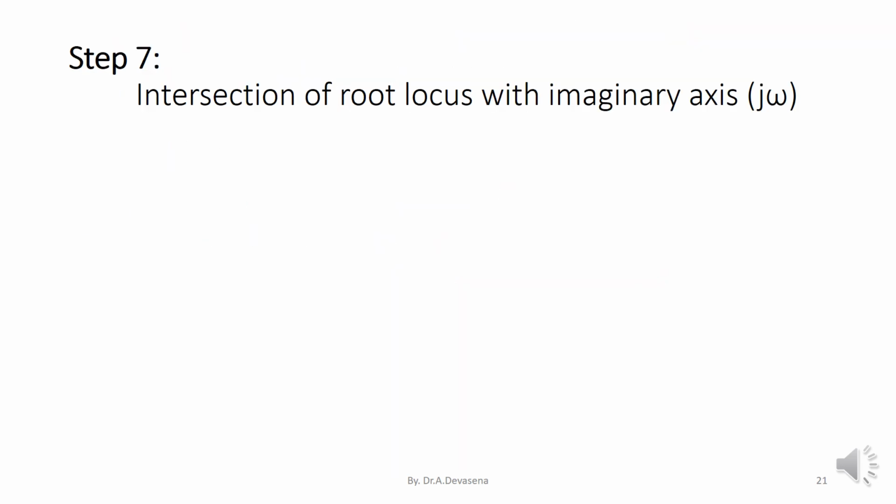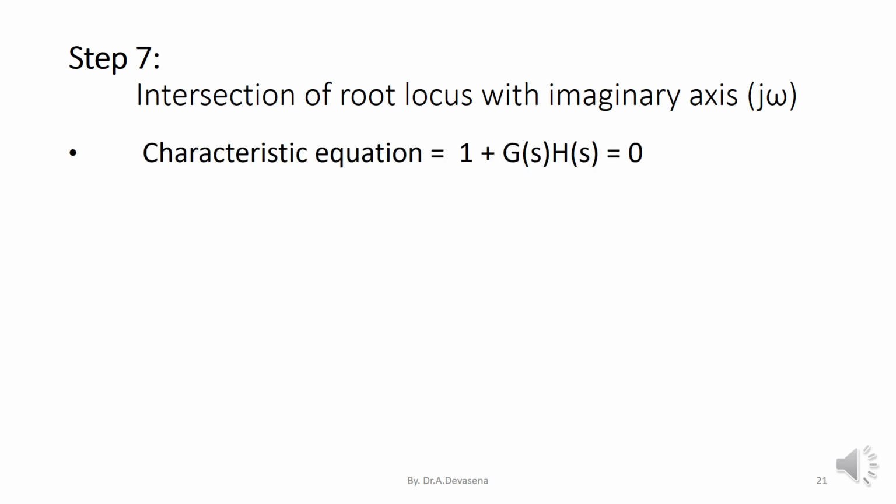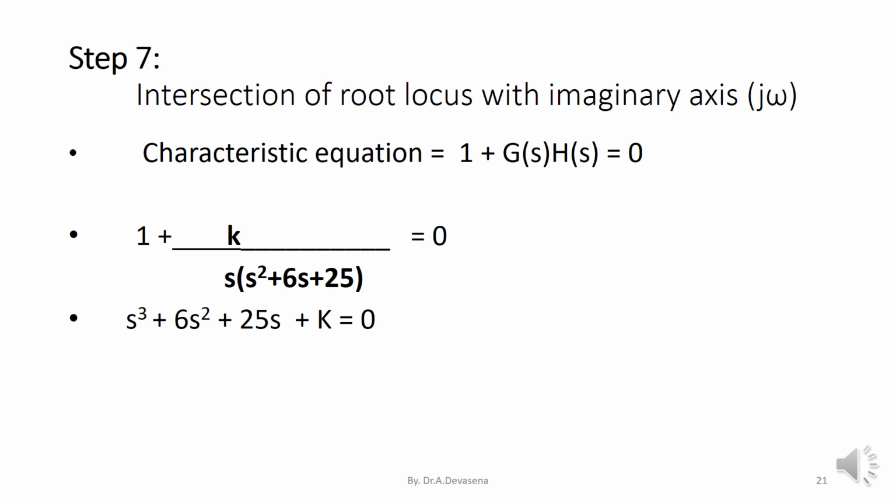Now we are going to determine the intersection of the root locus with the imaginary axis. For that we have to consider the characteristic equation 1 plus G(s)H(s) is equal to 0. That is 1 plus k divided by s into (s square plus 6s plus 25) is equal to 0. If you simplify this equation, we obtain s cube plus 6s square plus 25s plus k is equal to 0.